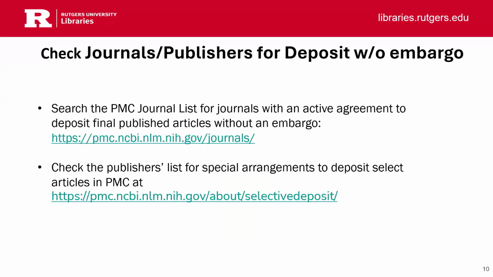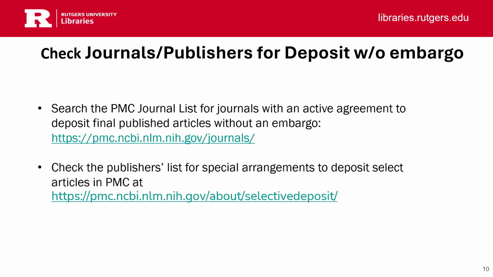So let's look at this one. Journals with active agreements to deposit all articles can be found in the PubMed Central journal list, which is available at this link. NIH recommends reviewing the specific journal record to confirm that the release delay is 0 months, meaning 0 embargo, immediate release, and the agreement status is active.